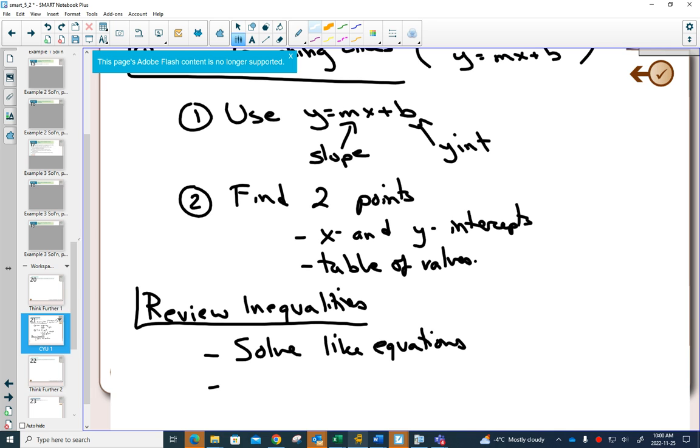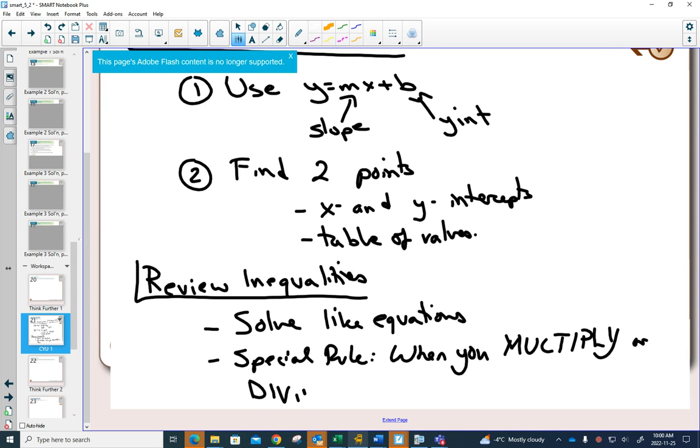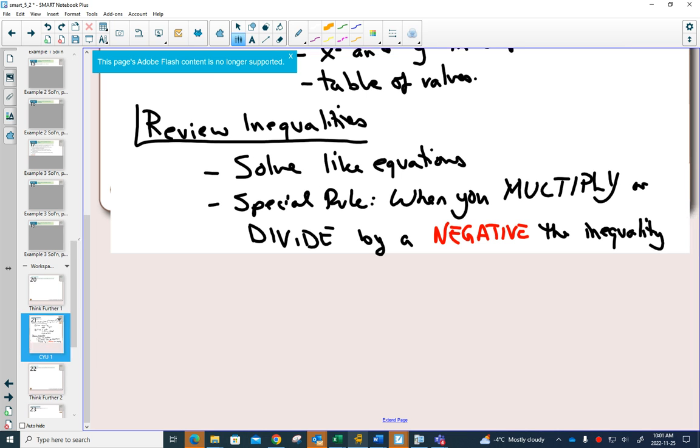Inequalities we solve like equations, but there is one special rule. So when you multiply or divide by a negative, the inequality flips.